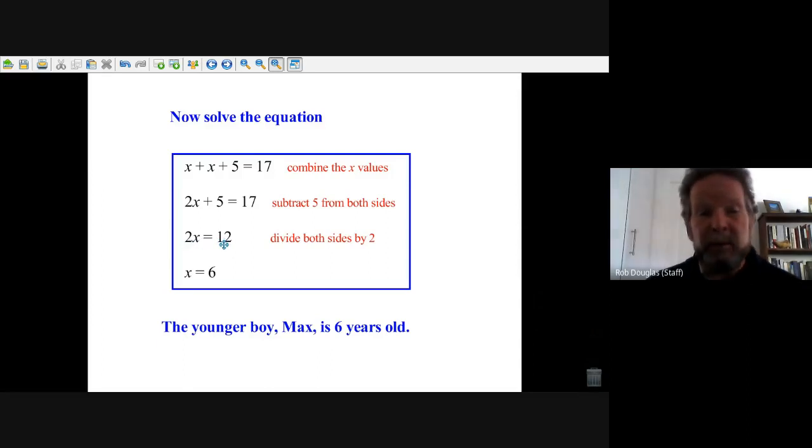We're almost at our answer of what x is. If we divide both sides by 2, 2 divided by 2 is 1x, and 12 divided by 2 is 6. So x equals 6. And back before, in the last slide, we know that x stands for Max. So the younger boy, Max, is 6 years old. And that's it. Let's try another one.